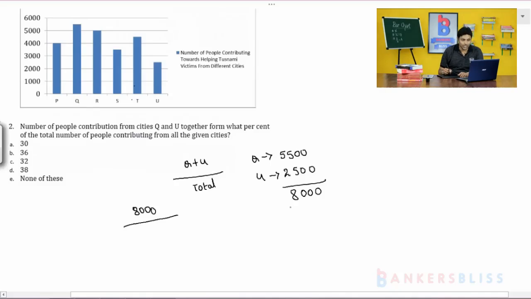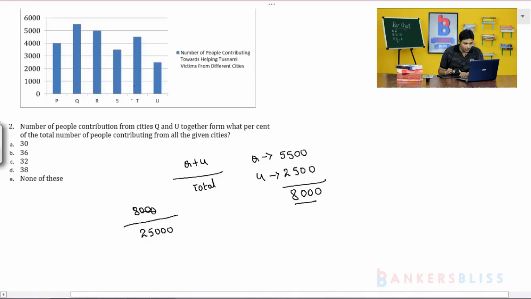Q plus U you have already done, so you directly take Q plus U. So P 4000, Q plus U 8000, that is 12,000, next R 5000, that is 17,000, next S 3500, you take only 3000, 17,000 plus 3000, 20,000, next 20,000 plus 4000, 24,000, plus 500, 25,000. So you are going to get 25,000.